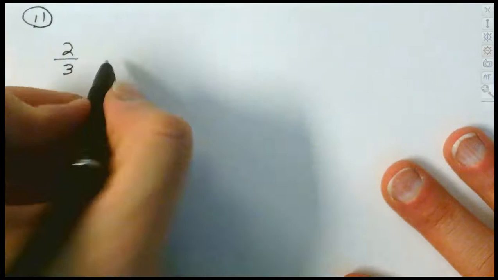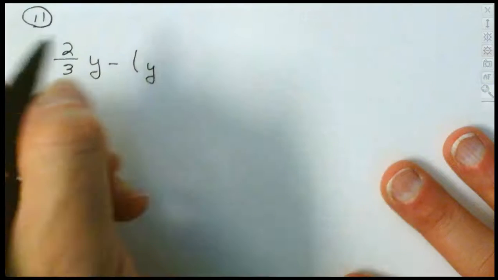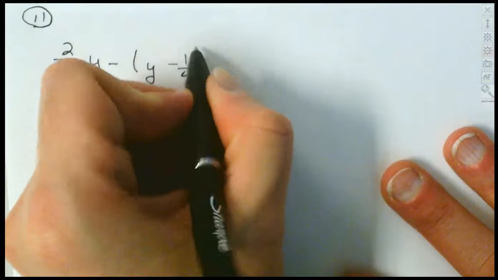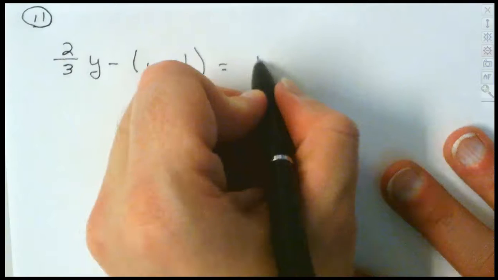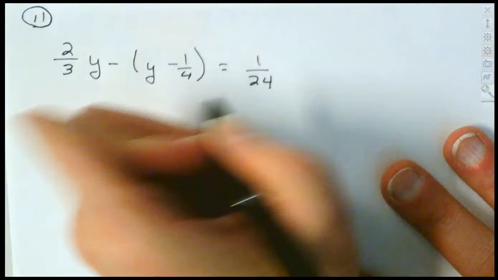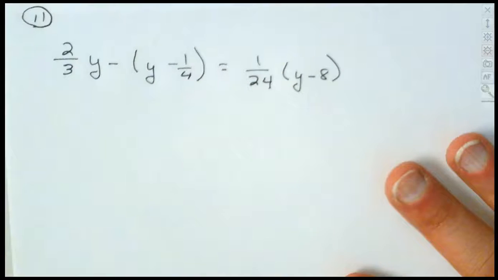So we've got 2/3 y minus, parentheses, y minus 1/4 equals 1 over 24 times y minus 8.